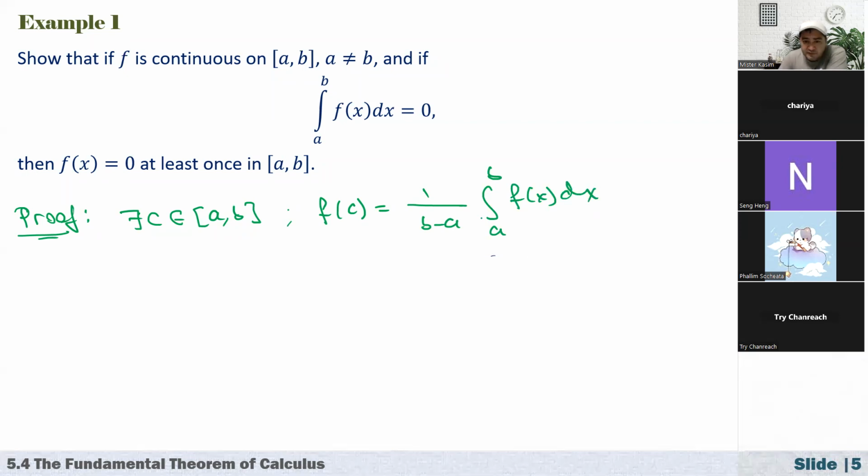And this definite integral is given as equal to 0, so the whole thing is equal to 0. Which means there's at least one point in the interval where the value of the function is equal to 0.